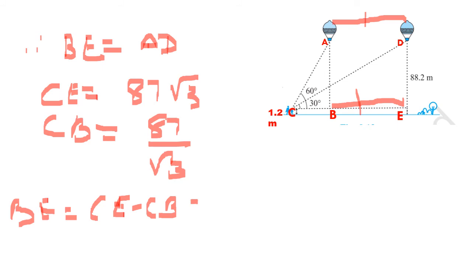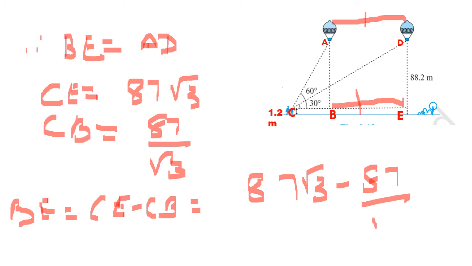That is equal to 87 root 3 minus 87 upon root 3.